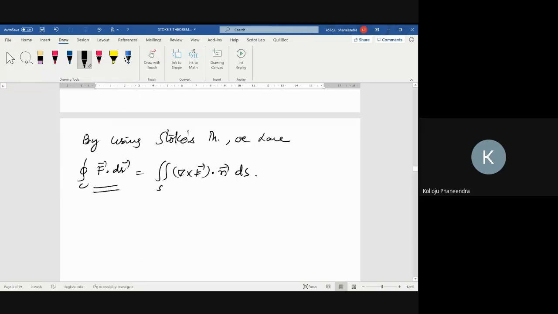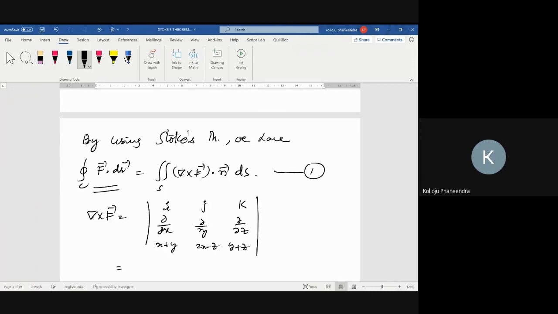So I have to calculate this del cross f bar. Take this as 1. So del cross f bar now. This is the determinant with i, j, k, then dou by dou x, dou by dou y, dou by dou z, and f bar components x plus y, 2x minus z, y plus z.